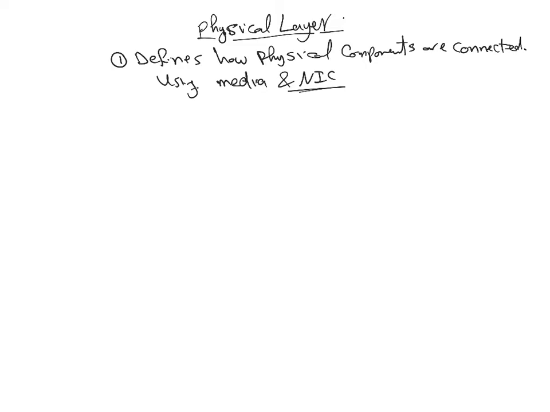Now, the network interface card is just a hardware component. This hardware component has two separate circuits which constitute the other two basic functionalities of the physical layer. Number two of the functions in the physical layer, which we call encoding, and the other one which we call signaling.